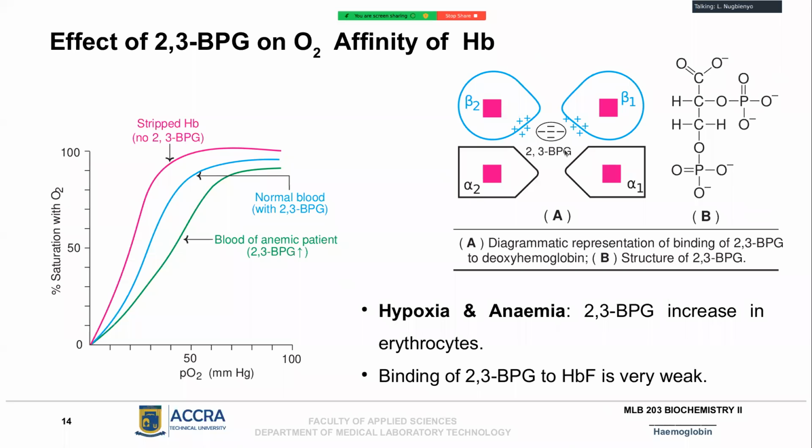So in other words, the system is being deceived. So what happens is that, let's say people at high altitudes will have high amounts of 2,3-biphosphoglycerate binding to hemoglobin molecules because there is less oxygen present.